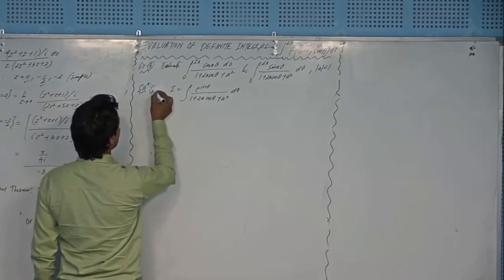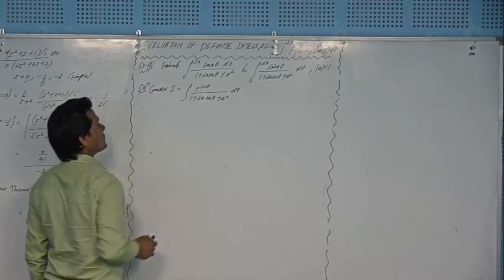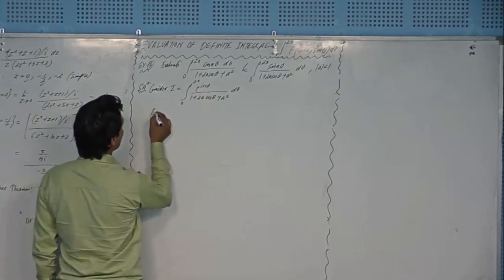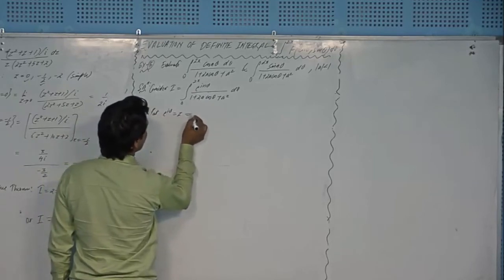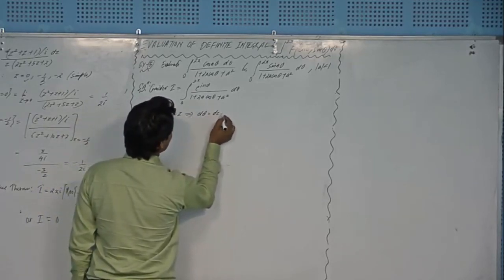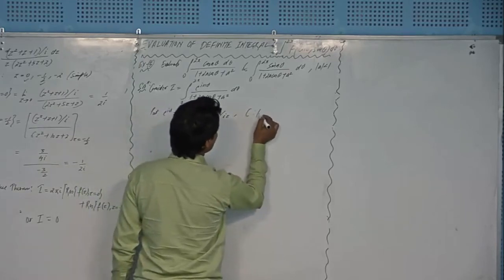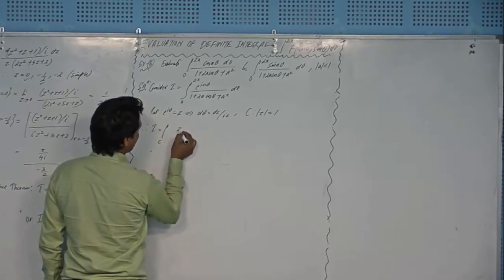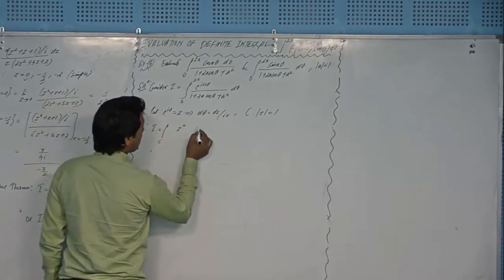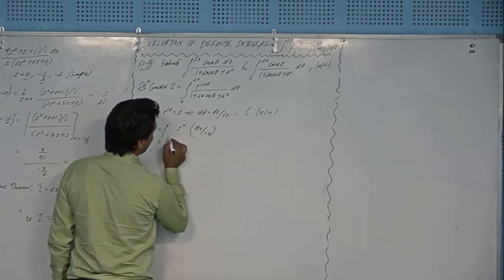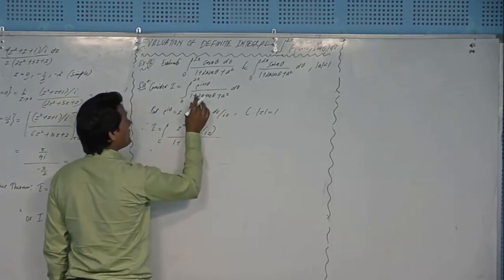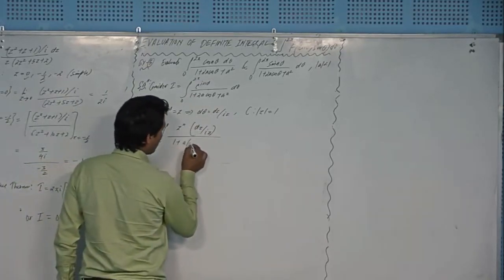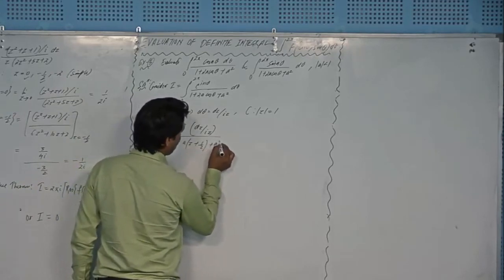So consider a new integral of this nature, with limits 0 to 2 pi. Put e to the power iota theta equal to z, which gives d theta equal to dz over iota z, and the contour C becomes mod z equal to 1. So I equals the integral over C of z to the power n, dz over iota z, and in the denominator we have 1 plus 2 times, where the 2 cancels by the formula for cos theta, a times z plus 1 over z, plus a square.